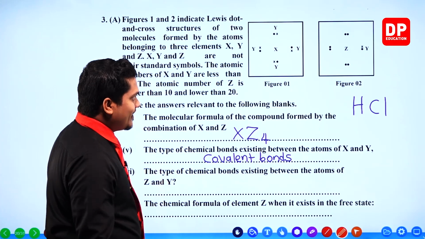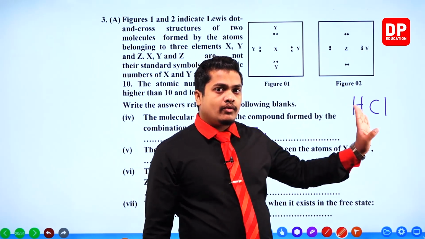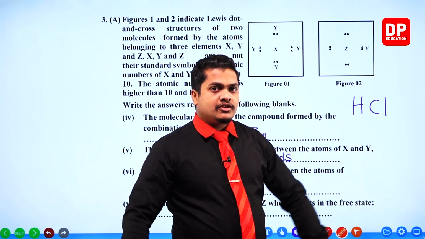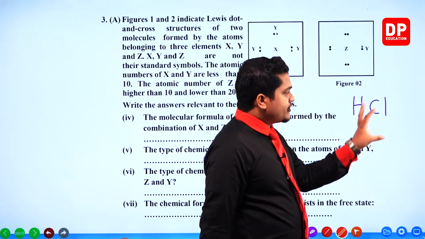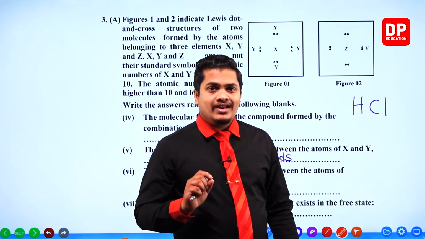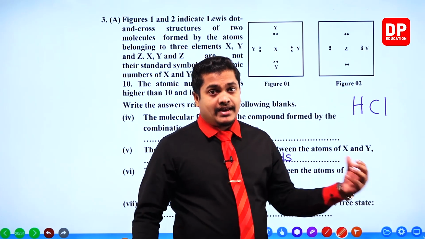But the specialty here is that when you take the electronegativity of chlorine and hydrogen, they have a huge gap or difference, which means chlorine is going to attract the bonded electrons towards its side at a greater rate than hydrogen.